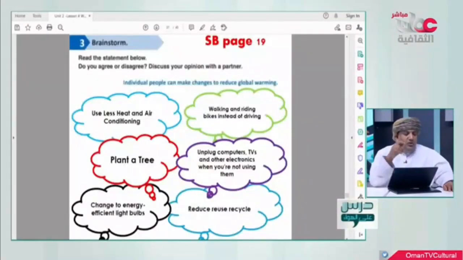Before we finish, I want you to look at the Skills Book page 19 and answer this question. Read the statement below. Discuss, do you agree or disagree? Individual people can make change to reduce global warming. We have some ideas that I wrote for you, and you can use other ideas from your previous lesson. Now I want you to complete this at home.